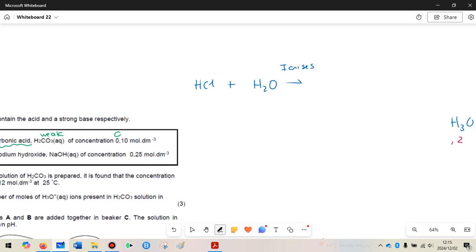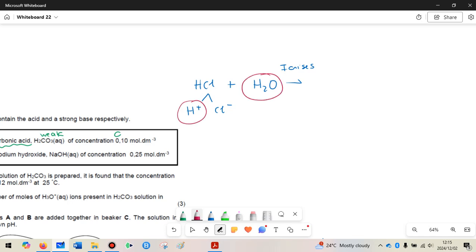When acids break up, in this case it gives hydrogens always, and in this case it will give chloride ions, and then that H doesn't like being by itself, so it immediately grabs hold of the water and becomes hydronium ions, and the Cl is still there as well.